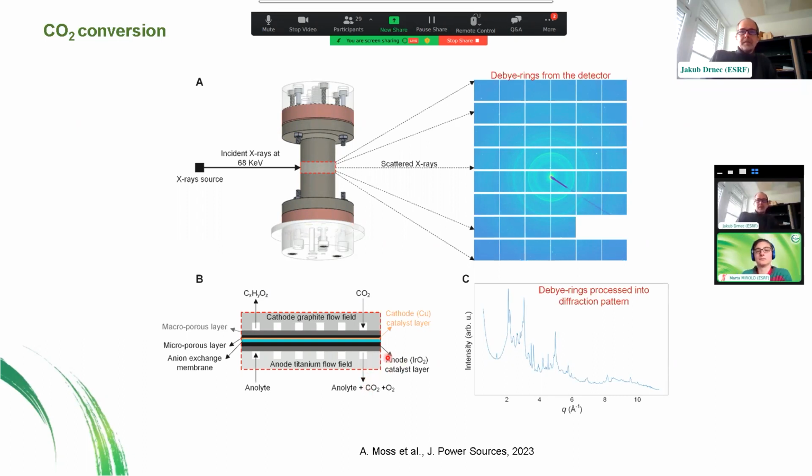Then you have two catalyst layers. The anode is iridium dioxide and the cathode is copper, right? And then this is what you measure here, those rings. So this is the diffraction pattern. It seems complicated, but it turns out it's actually not that complicated, and you can still distinguish different parts of the cell and different materials inside.